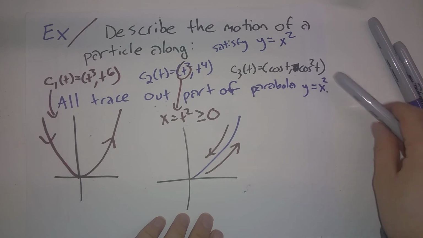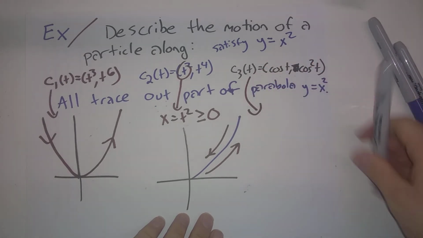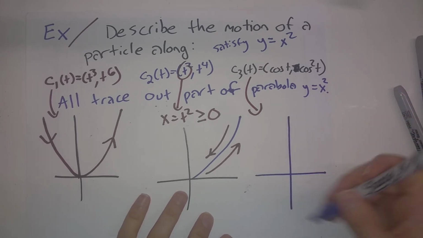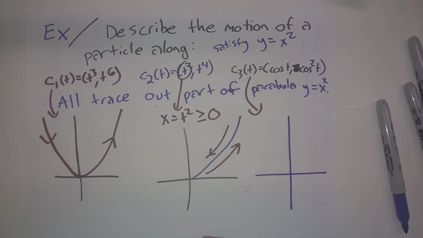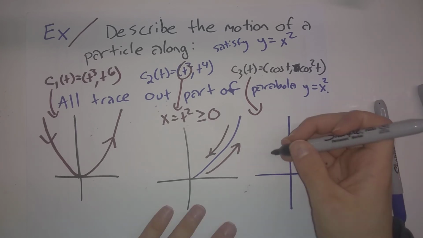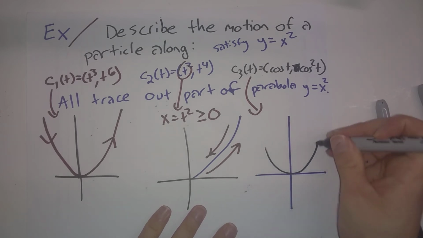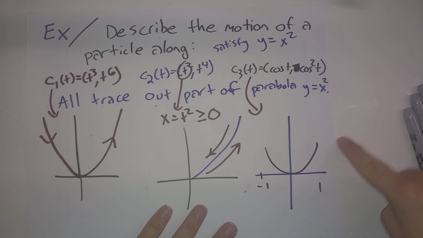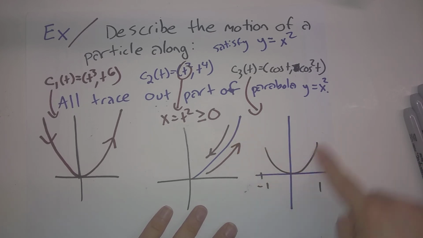Okay, the third case to take a look at here, cosine t, cosine squared t. The thing that we realize is that x is never outside of minus 1 to 1. And so as t just runs along, we continuously oscillate back and forth here.